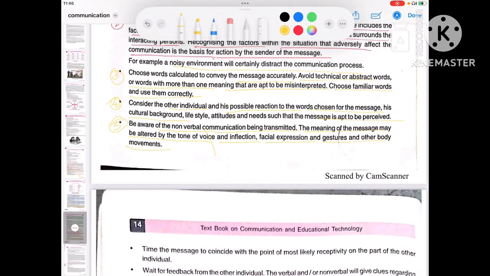Verbal means we are telling; non-verbal means we are showing expressions, facial expressions, gestures, and eyes looking rudely at them. These are non-verbal communication, showing signs and hand signs. So these are the things we should avoid. Proper communication is to say or to write, not to use non-verbal communication.